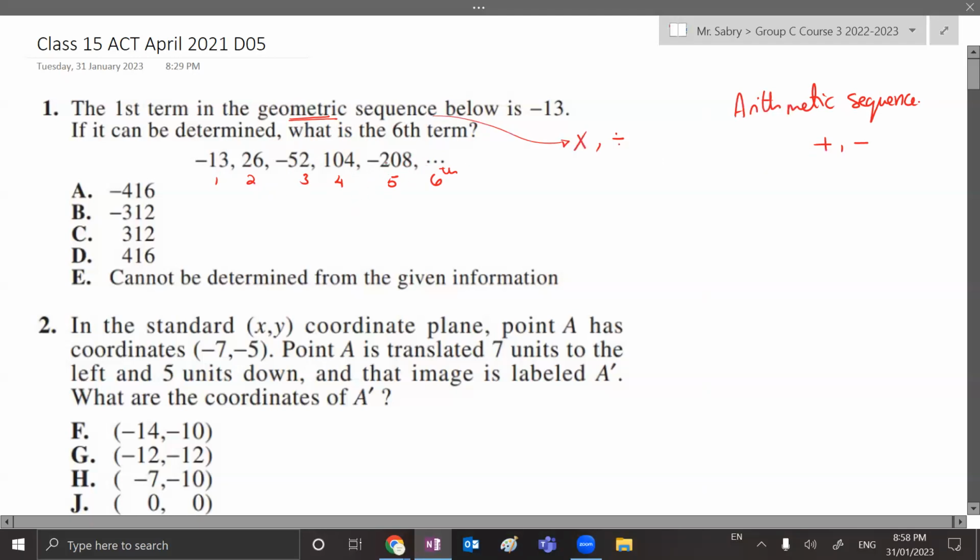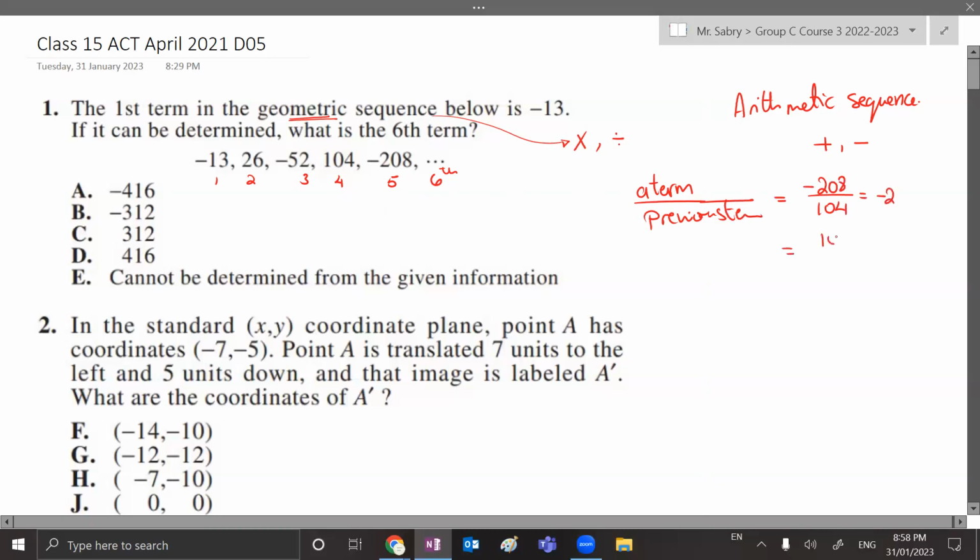ازاي اجيب انا بعمل times كام؟ Pick any two terms and divide a term by the previous term. يعني الترم اللي قبله. Any term whatsoever you're going to pick, just divide it by اللي قبله. So if you do negative 208 divided by the term اللي قبله, which is 104, it would give you negative 2.